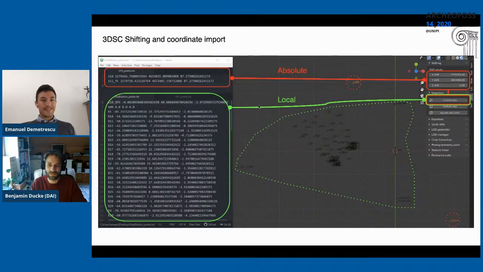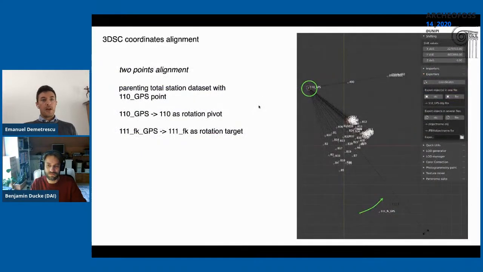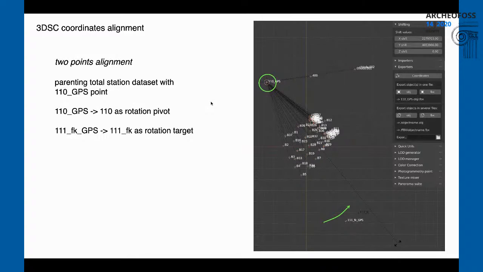Following the list of tools in the user interface, a very first basic tool is the shifting feature that you can use to import unreferenced data, for instance, from a total station, and georeference it using reference points, for instance, from a dual GPS tool. Using regular UTF-8 text files, you import and export them.